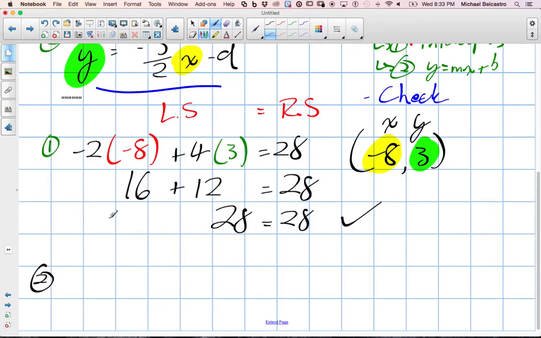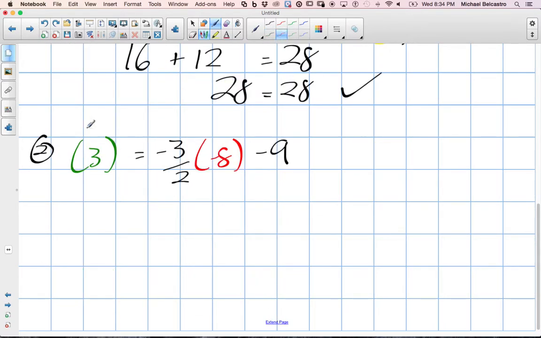Second equation, we've got a fraction, a little harder. 3 was our y value, so y was by itself on the left, is equal to -3 over 2 times the x value, which was -8, minus 9. Okay, same concept. We need the left side to equal the right side of the equation. So we still have 3 on the left is equal to -8 times -3 is positive, and it's going to be positive 24 over 2.